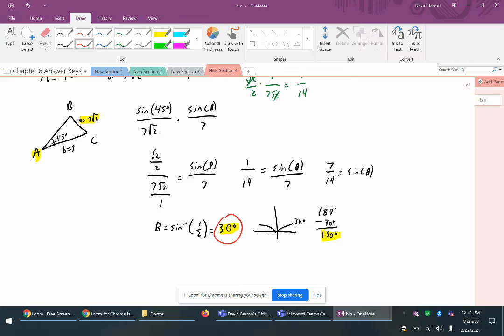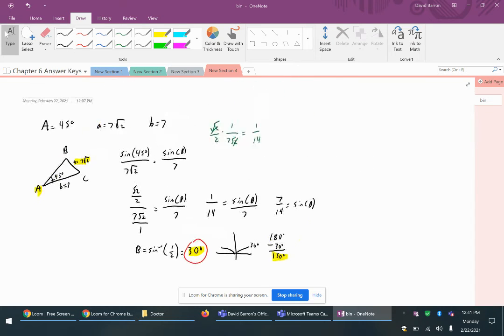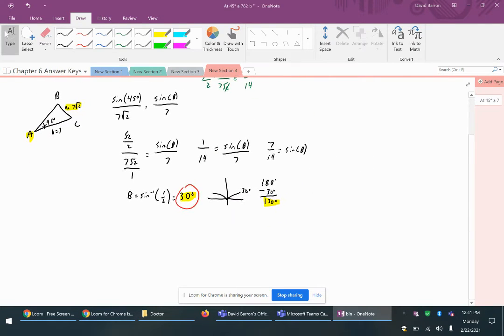I also want to state one other thing that is wise to do while doing these kinds of laws of sines and cosines problems.